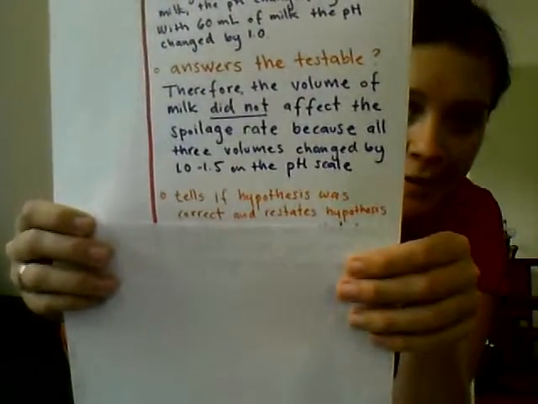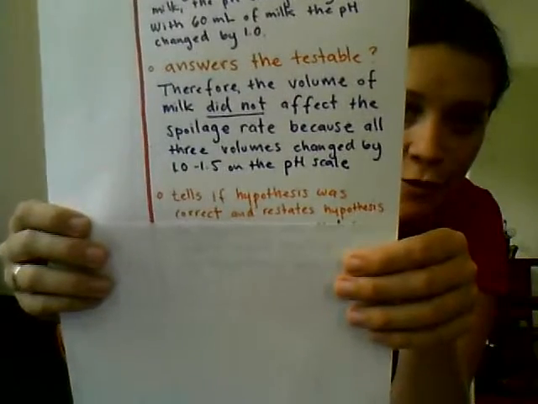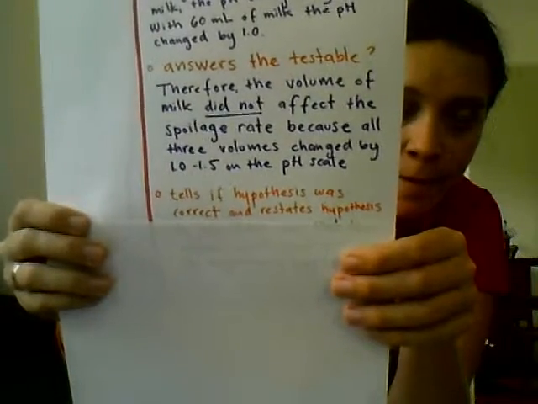Tell us if the hypothesis was correct and restate the hypothesis. I'm going to show you an example of that. So remember, I thought that my little gallon of milk rotted faster because it was little, but it could have been because of the brand, it could have been because of the type. I only tested one, and my hypothesis was wrong.